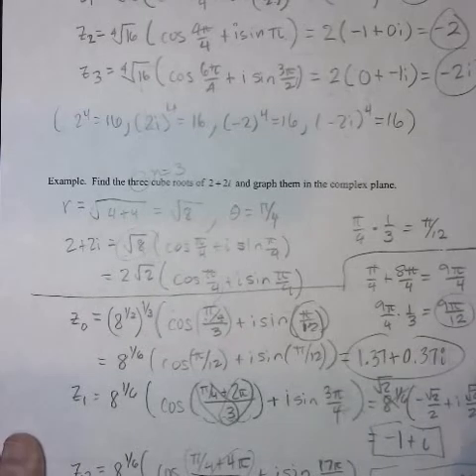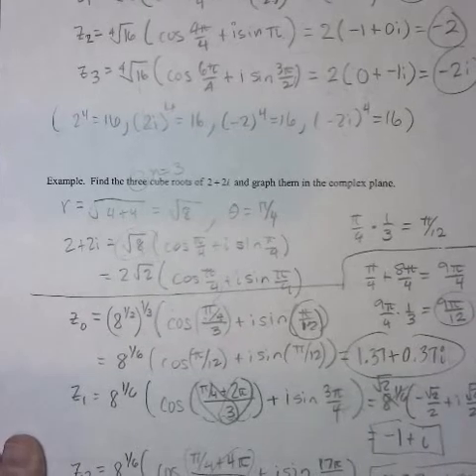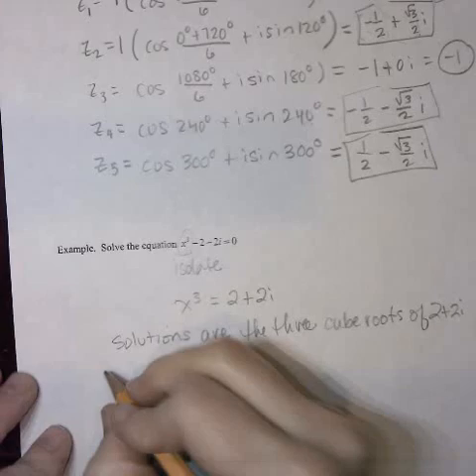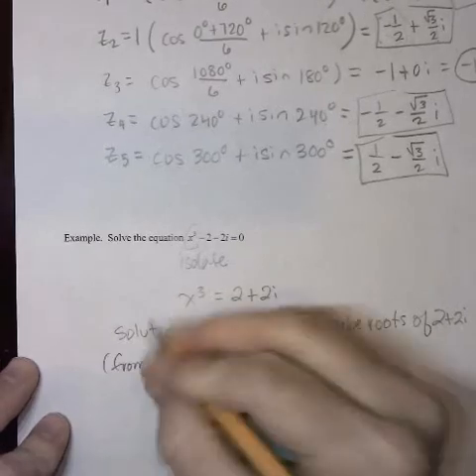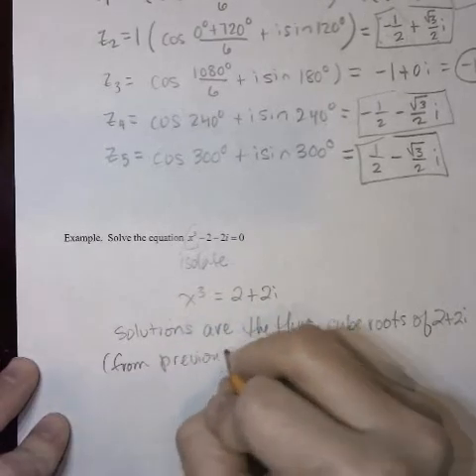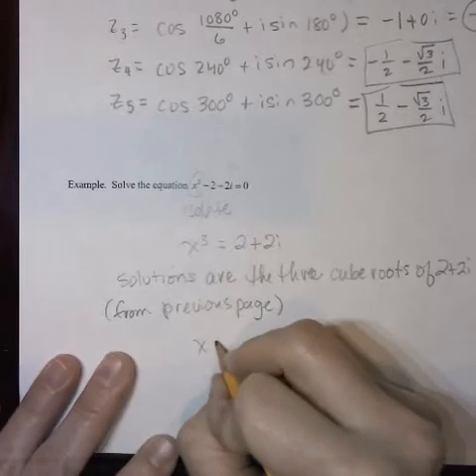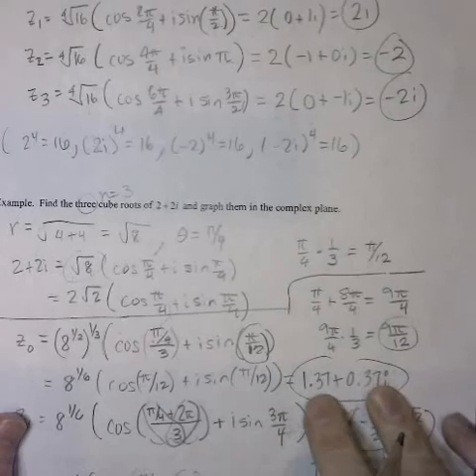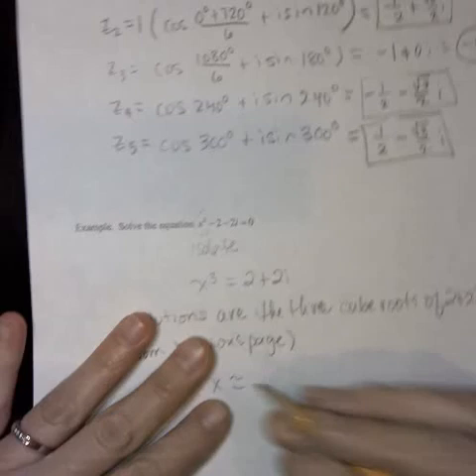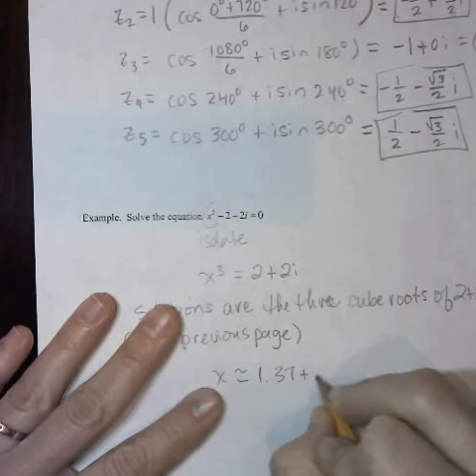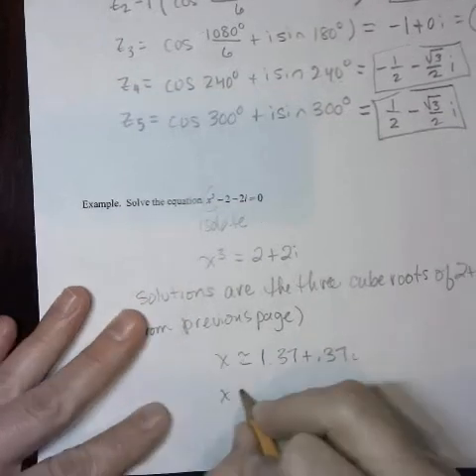So from the previous page, x is approximately 1.37 plus 0.37i. And then the second one is exact, negative 1 plus i.